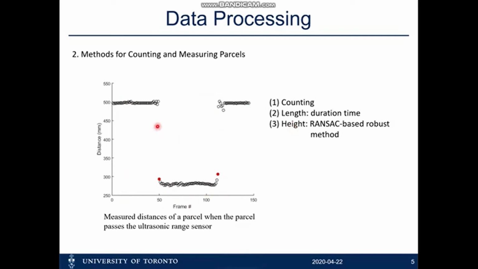Also, we can determine the exact duration time, and multiply this duration time by the conveyor belt speed. We can calculate the length, and also estimate the height of the parcel robustly. We also apply a RANSAC-based method to estimate the length robustly.